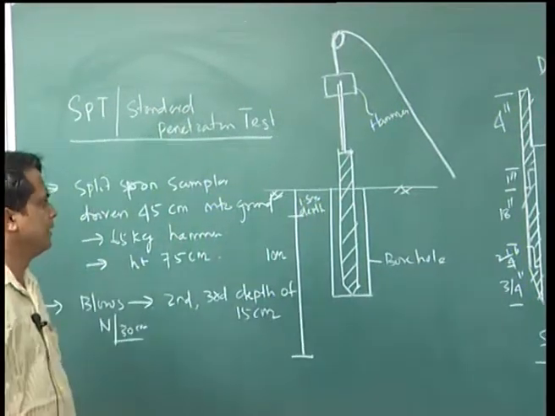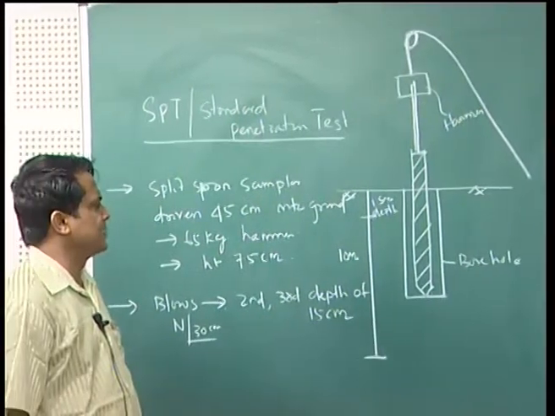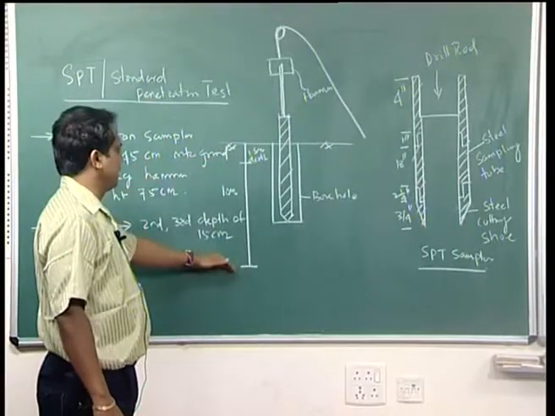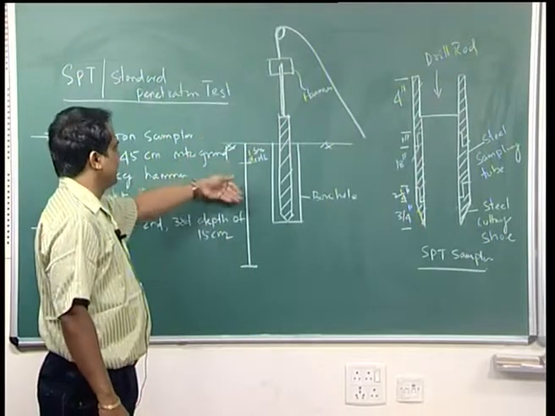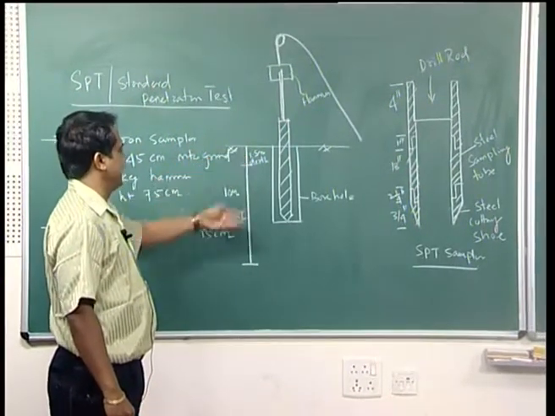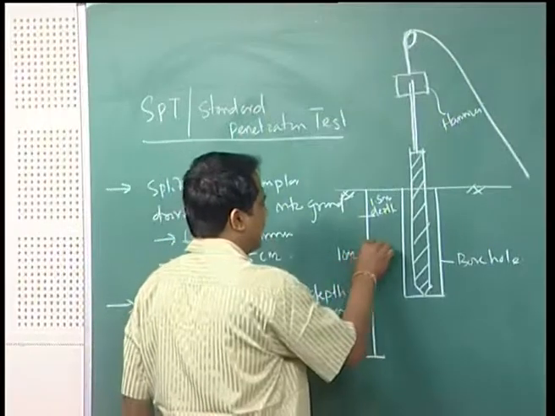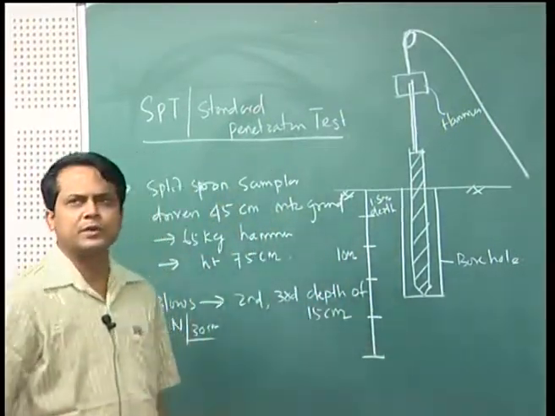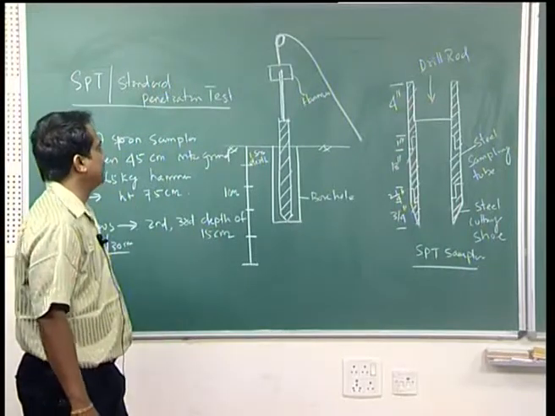Let us say this standard penetration test is to be carried out from the ground surface up to depth 10 meter, at every 1.5 meter interval, to get the standard penetration N value.